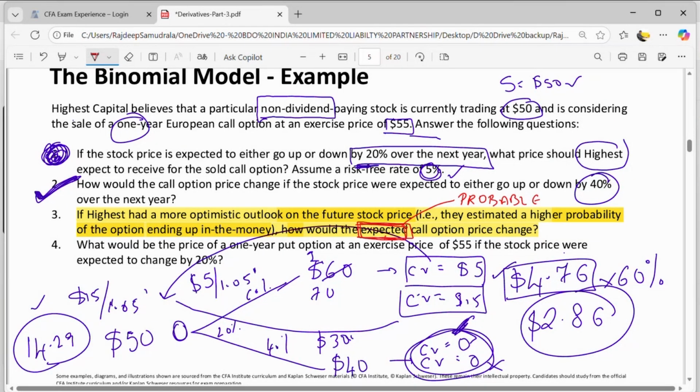Any doubt on that? Okay, you'll see many sums and many statistical measures in CFA also. They'll tell you to find the expected value. All you have to do is take the scenarios, take the scenario possibilities, multiply by the probabilities, and get the answer. So the word expected always refers to a probabilistic estimate.